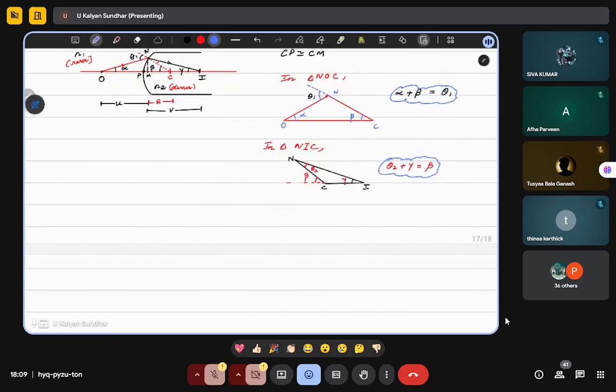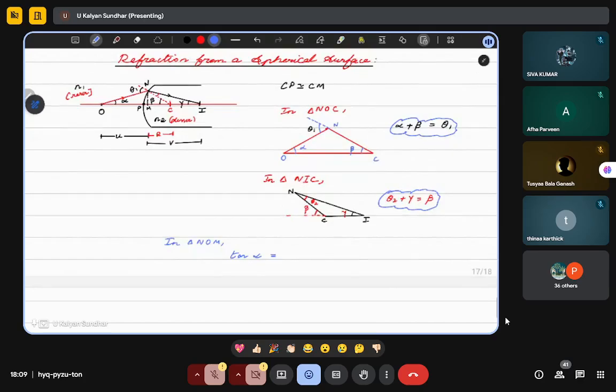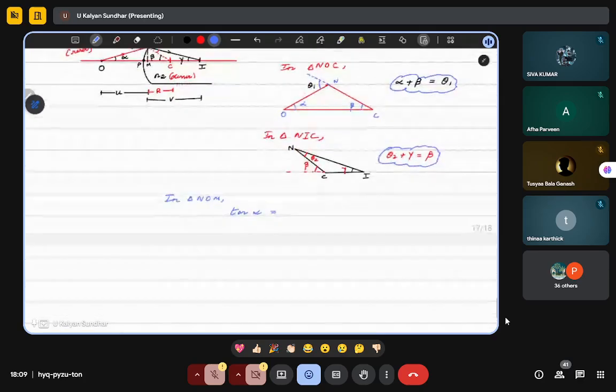Next, write in triangle NOM: tan alpha will be equal to, what is tan alpha? NM by MO or MP, right?